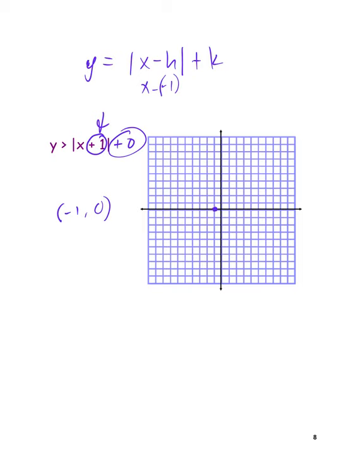Okay. So from (-1, 0), again, there's no value in front, and so we would just go up and over 1 to the right, and then up and over 1 to the left. Now we've got a greater than, so that means our line will be dashed in both directions here.